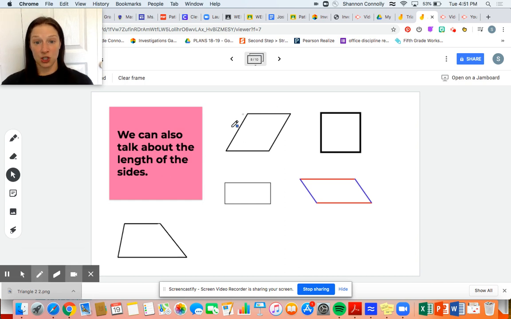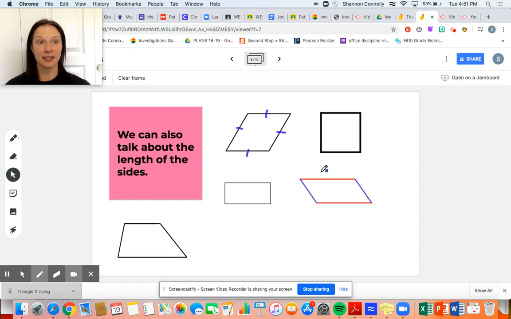When I look at this shape here, I notice that this side is equivalent, equal to this side, okay? But then I look at it a little closer and I notice that this side and this side are also the same length as the first 2 sides. So for this shape, when I'm talking about the length of the sides, I would say all 4 sides are equal, okay?